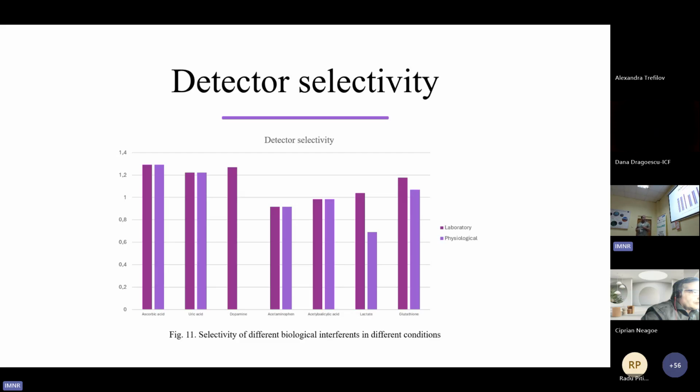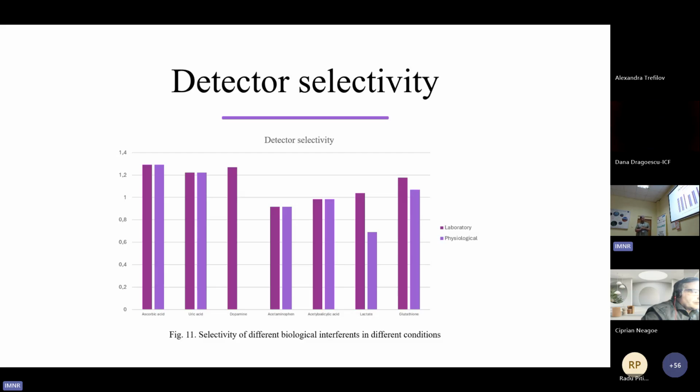For selectivity, I chose two approaches, one from the laboratory side, in which all interferents had the same concentration of 5 millimolar, and another from the working part of the detector, in which each interferent had the physiological concentration present in blood. As you can see, most of the interferents have clear selectivity compared to glucose.